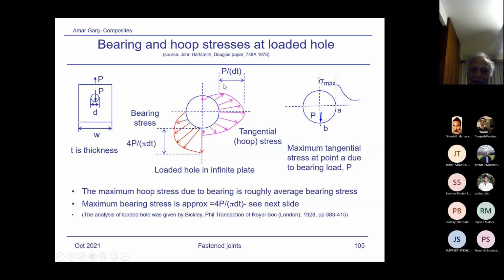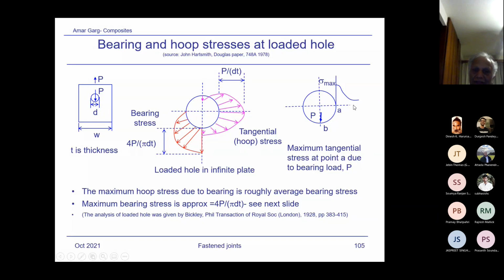And he provided the guidance that the maximum hoop stress in this case is about P by dt. Now you will remember the situation. P by dt is equal to the average bearing stress. Also we write bearing stress is equal to P by dt. Although we consider P by dt as an average bearing stress, you don't want to consider that; the maximum bearing stress over here is 4P by pi dt. Now, in the next slide, I've derived this expression. How do you get this maximum?